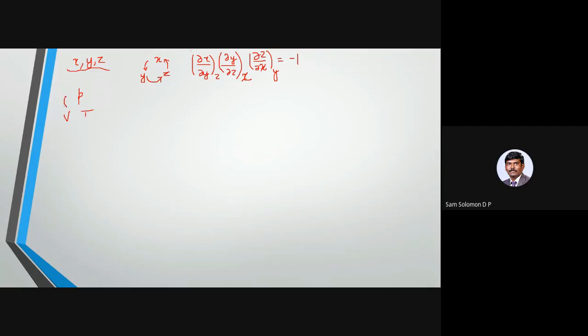Like a cycle I can have, and we can write this as partial P by partial V at constant T multiplied by partial V by partial T at constant P multiplied by partial T by partial P at constant V is equal to -1.